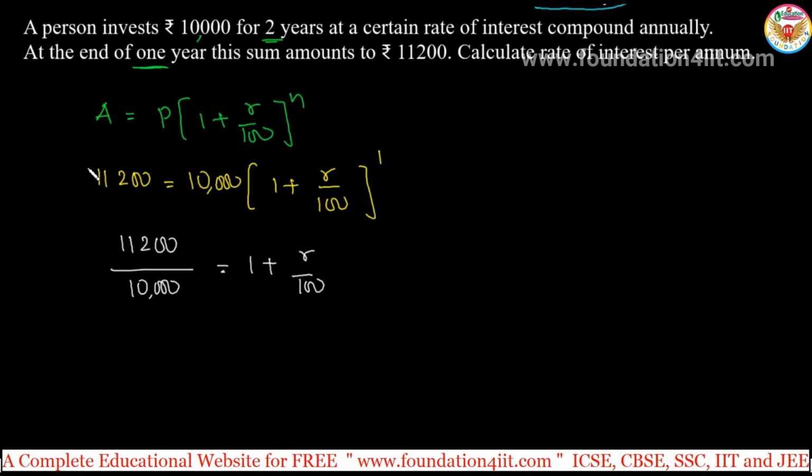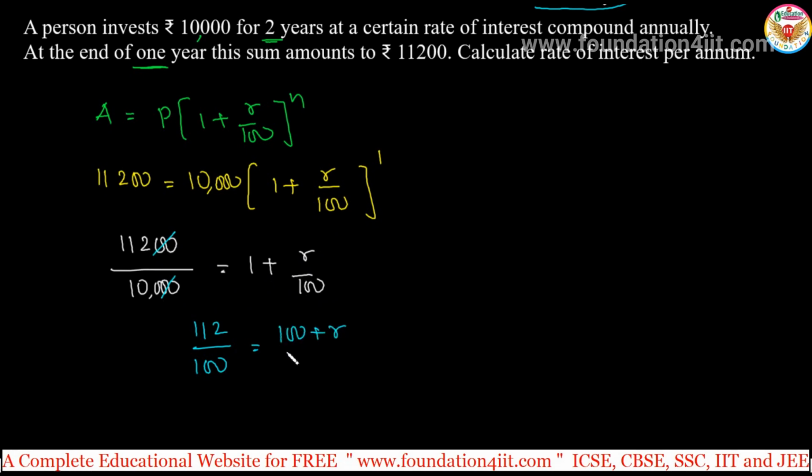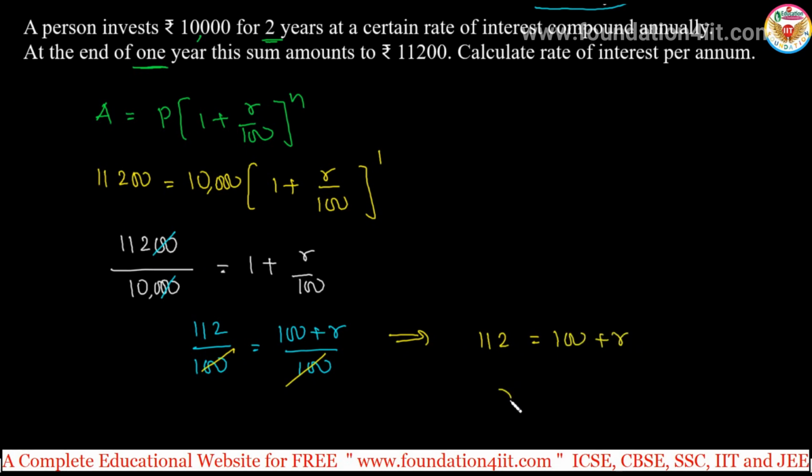You can cancel directly. 112 by 100 is equal to 1 plus r by 100, which is 100 plus r by 100. Cancel this. Then from this directly we get 112 is equal to 100 plus r, then r is equal to 12%, right? You'll get it directly. Rate of interest is 12%.